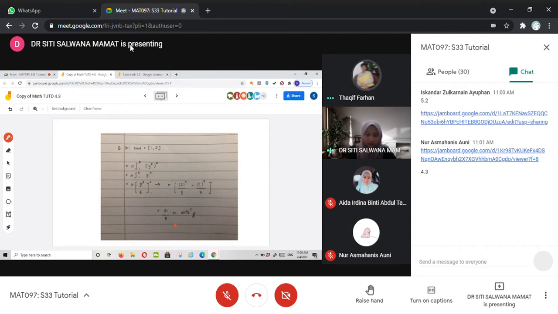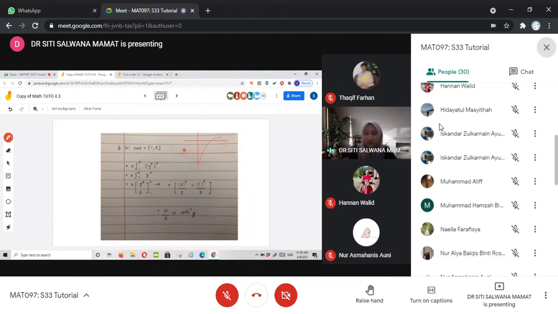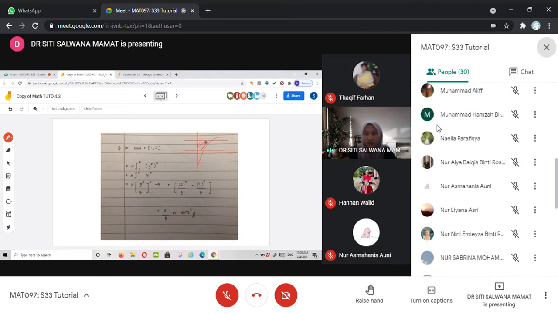Okay. So the rest dapat sama tak? 31 over 5 pi unit cube. Dapat. Okay. So you tengoklah, this is you punya graph, and then dia rotate about y axis. So macam tu lah. This is you punya shaded region.